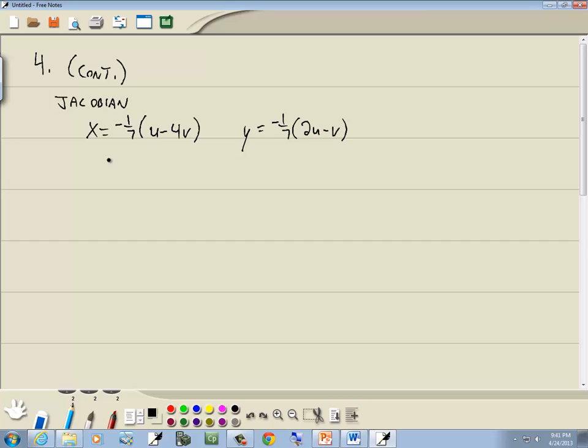Now, you might find it easier to go ahead and multiply those through. So this would give us x is equal to negative 1/7 u plus 4/7 v. And this one will be negative 2/7 u plus 1/7 v. Now let me double check that. That looks right.